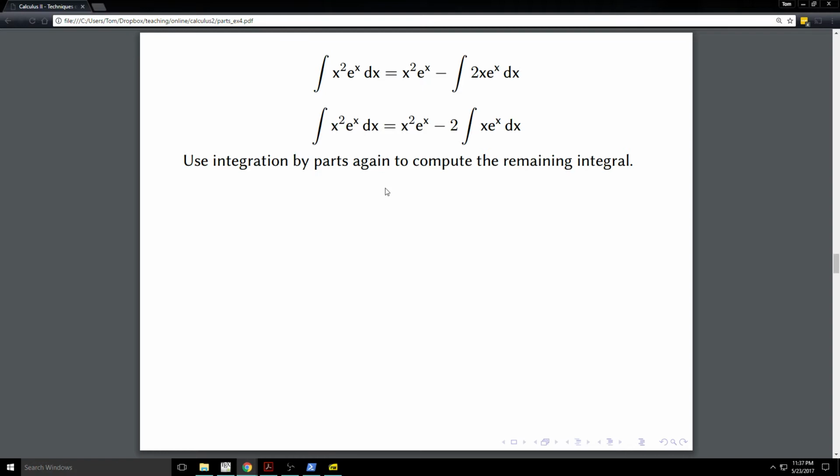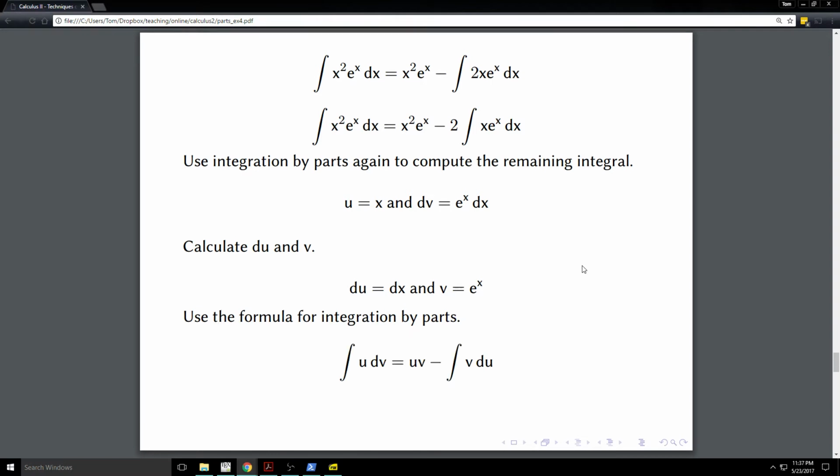We're going to pitch out the old u and dv, and now just focus on this integral right here. And again, our u is going to be x, and dv is going to be e to the x dx. Again, it's the exact same function from the first example. Calculate du and v. So du will be dx, and integrating dv, I get v equals e to the x again. e to the x is its own antiderivative there.